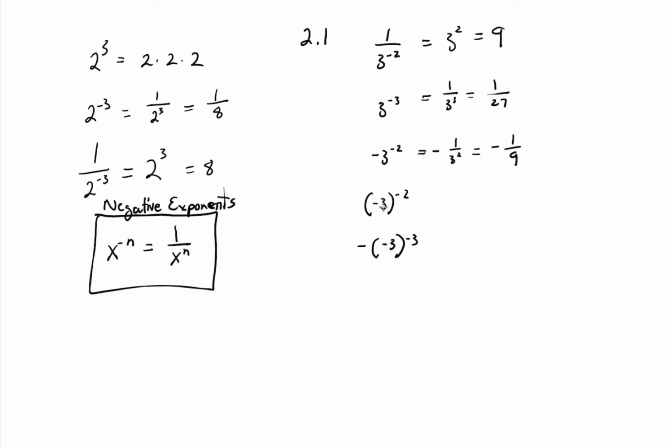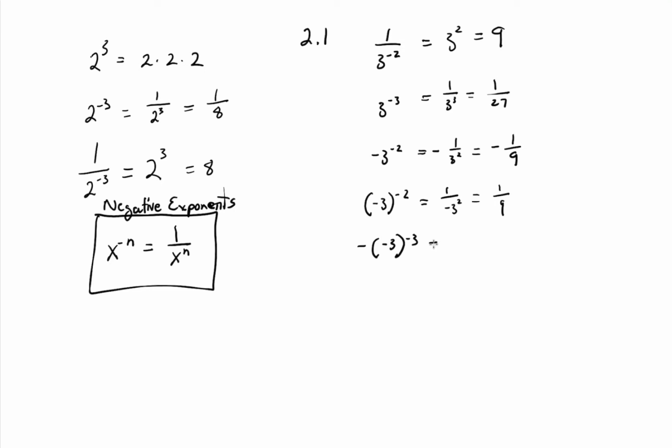Now in this case, the negative is attached, so it stays with the negative 2. So we have 1 and a negative 3 to the 2. Well, that is 1 over 9, and it's positive because the negative was included.